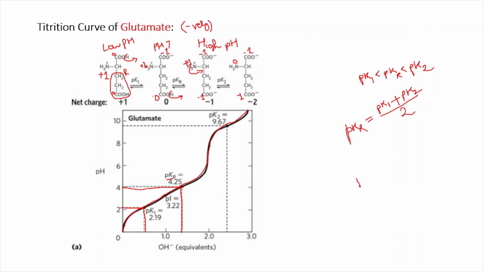And then if you are asked to find the pI, because in the case of a negatively charged amino acid the pI lies between pK1 and pKr, the pI will be the average of pK1 and pKr, right? Okay, so because pI lies between pK1 and pKr.